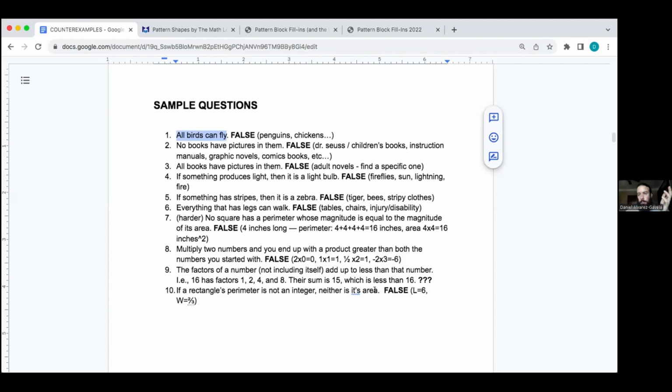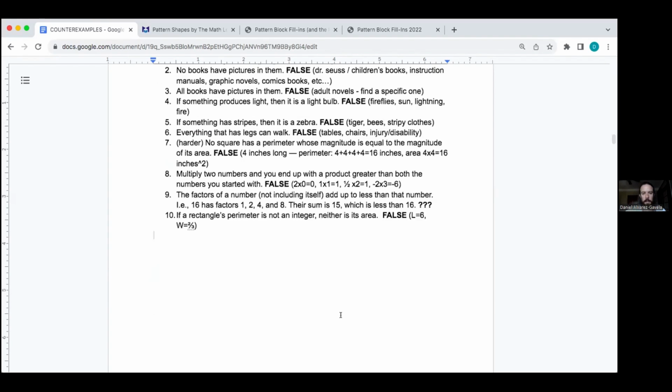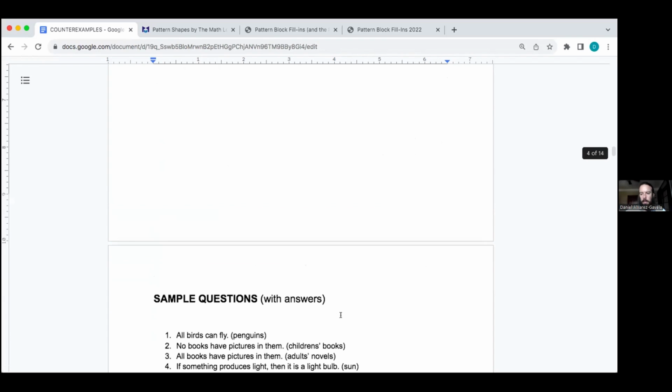And maybe in a while I'll actually ask you to see what questions you can come up with. This is just a sampling of possible questions, but obviously the sky's the limit, and you can come up with all kinds of questions yourselves that might work, and maybe even at some point the students can come up with their own questions. So I think that's a good way to build up.